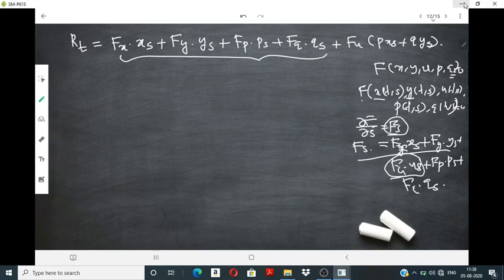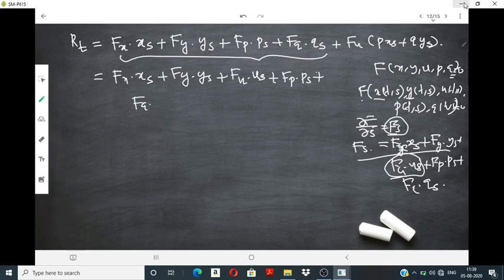We can write this expression as fx into xs plus fy into ys, adding here fu into us plus fp into ps plus fq into qs, minus fu into us plus fu into the last remaining term, p xs plus q ys.